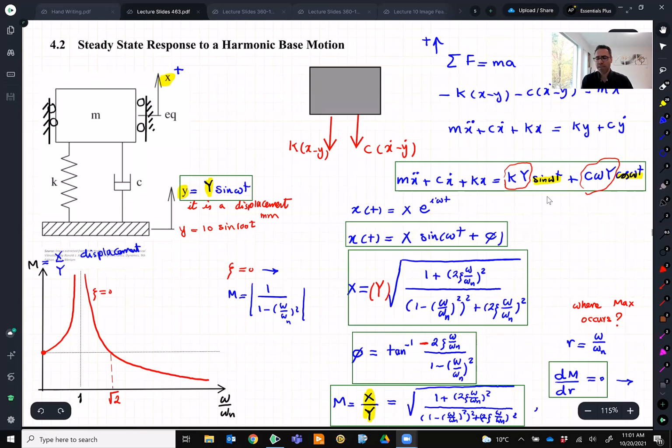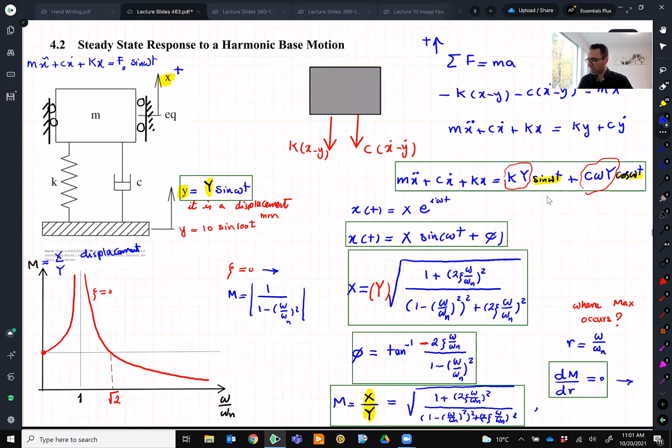And for us, the standard equation is always, I'm going to write it again, mx double dot plus cx dot plus kx equal to f0, sine or cosine doesn't matter, omega t. That's the standard equation. So this is what we are hoping to get at the end when we solve a problem.